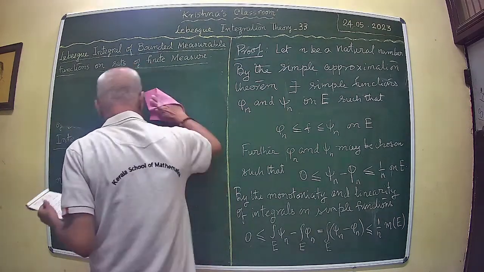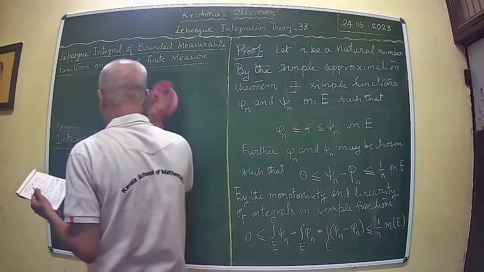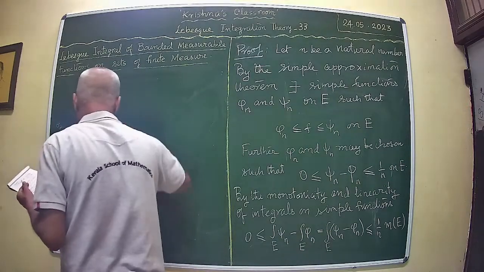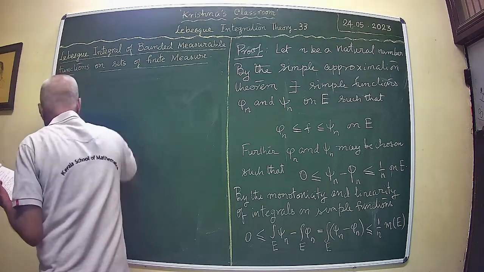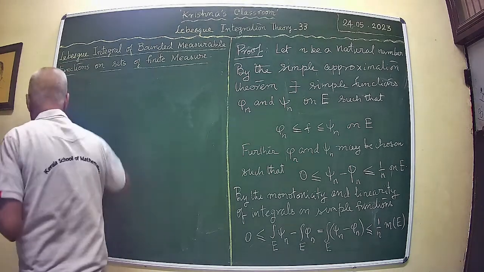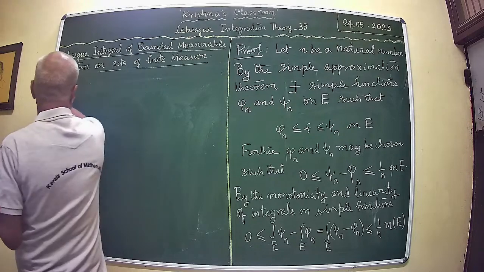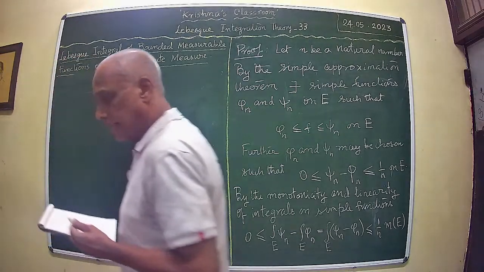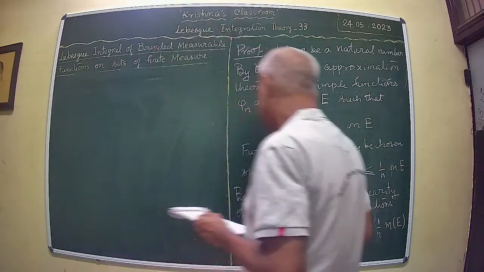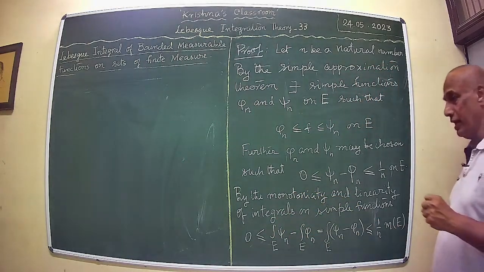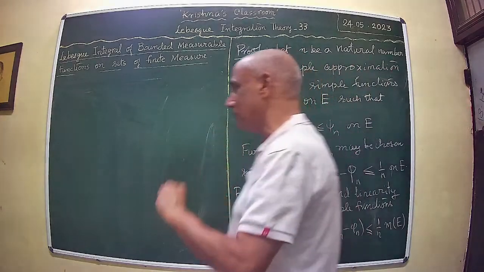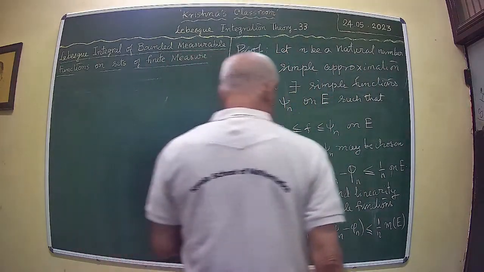See, the simple approximation theorem assures that there exist such functions phi n and psi n. So you are approximating from above by psi n's and from below by phi n's. And in fact, f is squeezed between psi n and phi n.